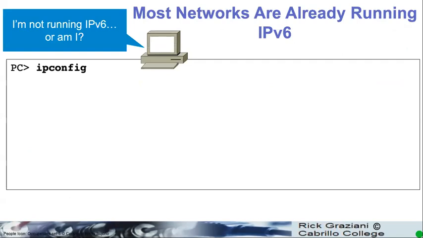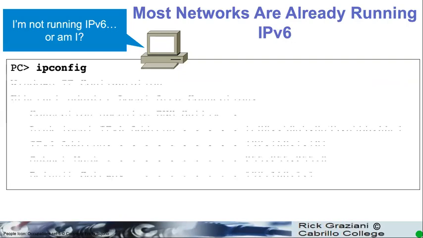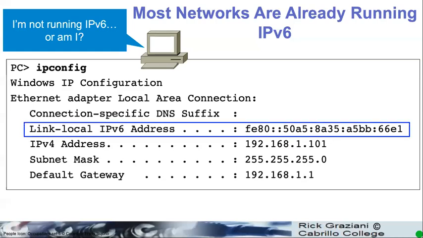So one of the important things to realize about IPv6 is that all the operating systems are running it. You look on your Windows machine, there it is, an IPv6 link local address. That's because the device created it on its own. We'll talk more about that in a later video.